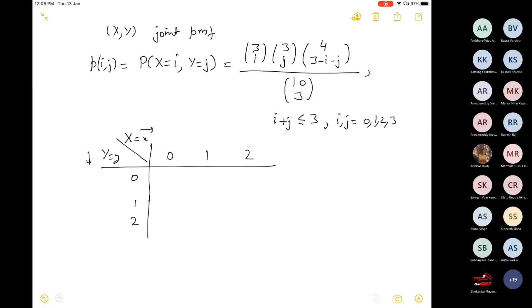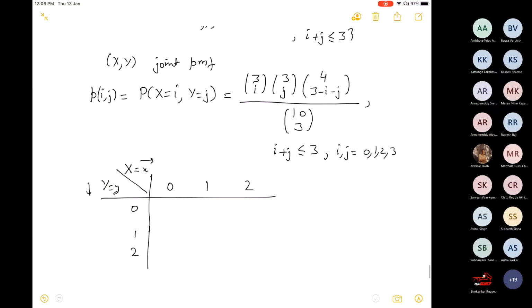Then when both are 0, we get 3C0, 3C0, 4C3, because out of the assistant professors 3 are selected, divided by 10C3. That comes out to be 2 by 15. Similarly, if we take i as 1 and j as 0, then this is 1 by 15.